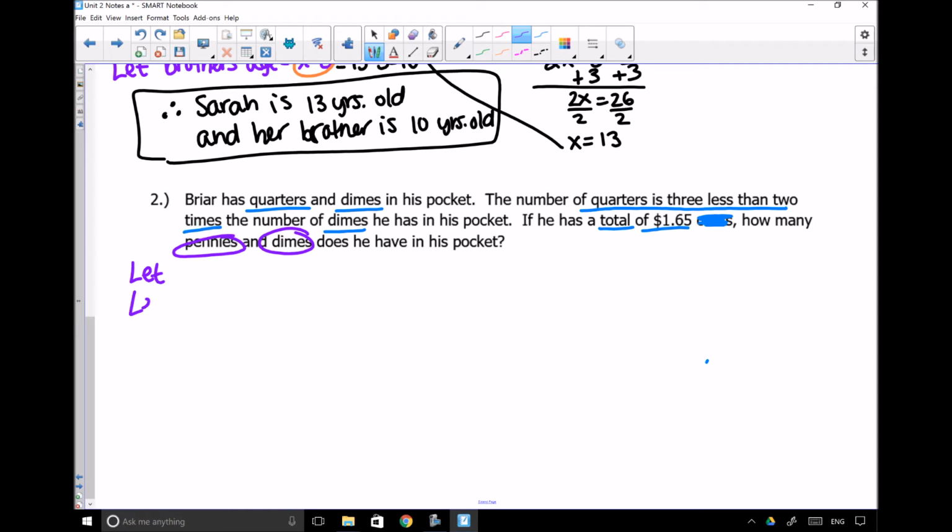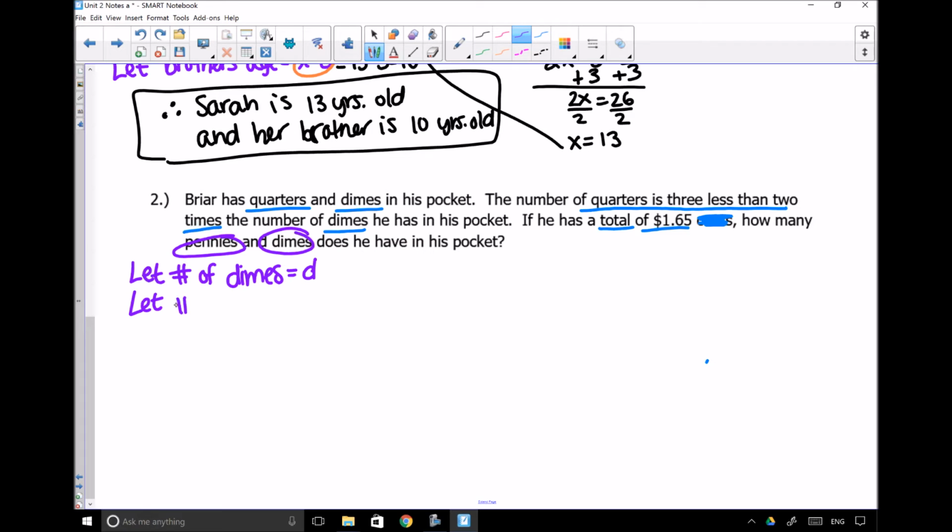Now, the question is, which one goes first? Well, if it tells us the number of quarters is 3 less than 2 times the number of dimes, it means that the number of quarters is based on the number of dimes, which means I need to know the dimes first since quarters are based on dimes. So we're going to say let the number of dimes equal D, because we don't know how many dimes there are.